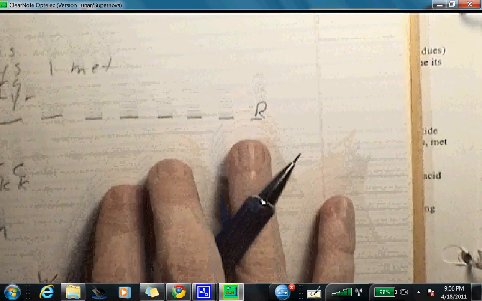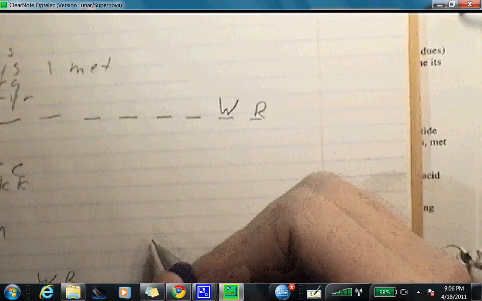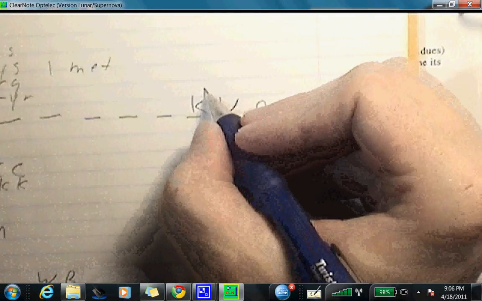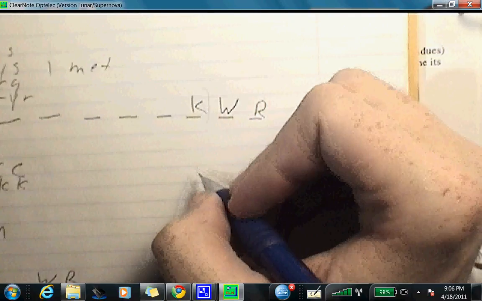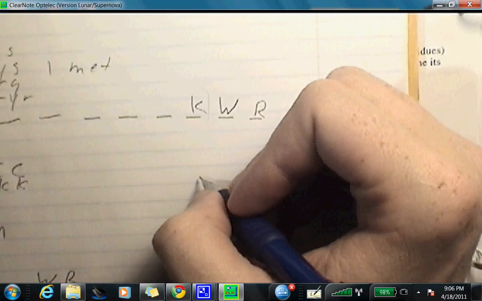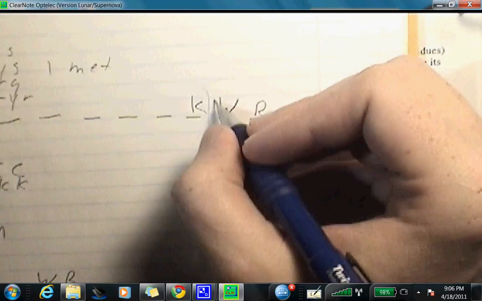Okay, but this also tells us something else. A dipeptide here is going to give us our W there. And a lysine must be here because it must cut after here. Because once it cuts after here, you produce this dipeptide.